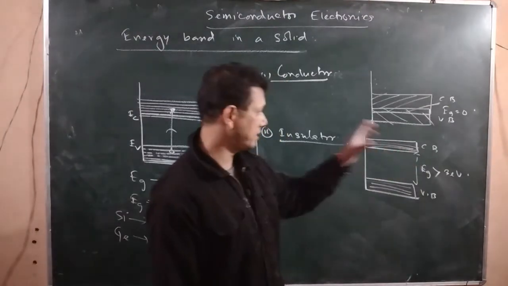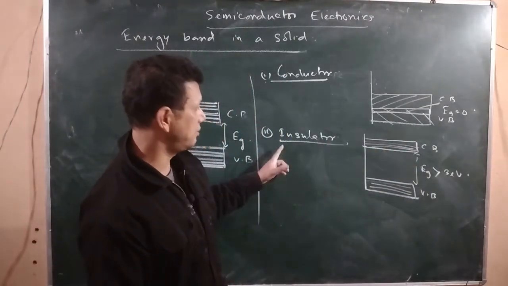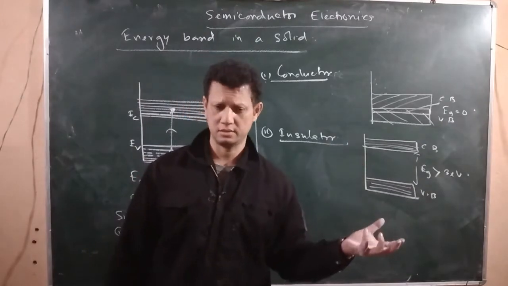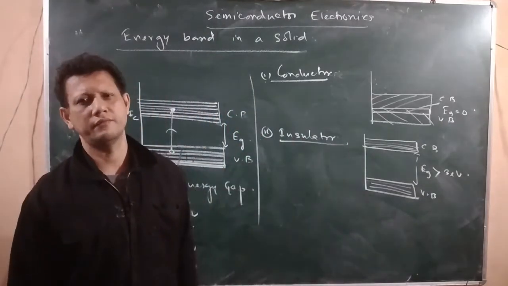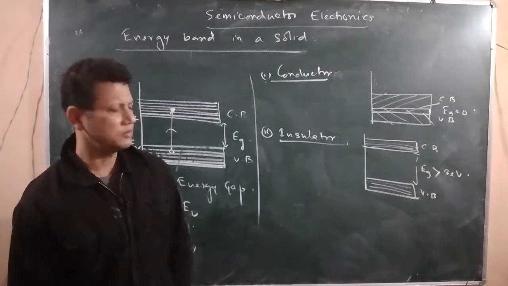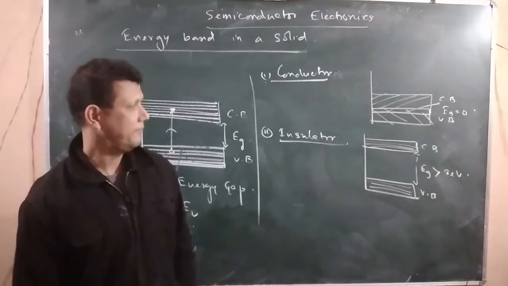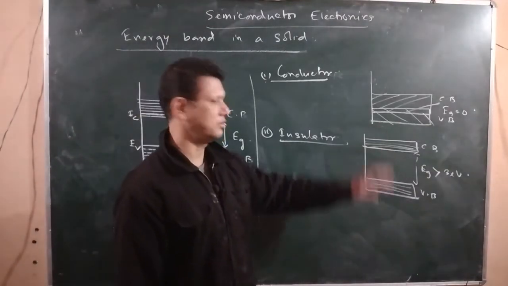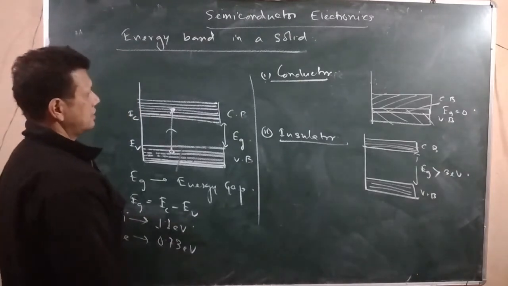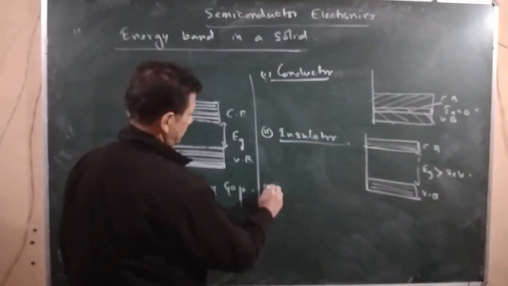Hence in an insulator there are no free electrons or very few free electrons, which is not at all possible for conduction. So the energy gap is very large. So the third case is an insulator.